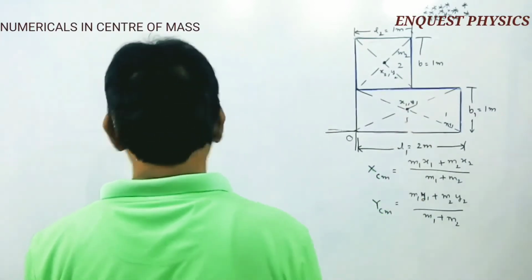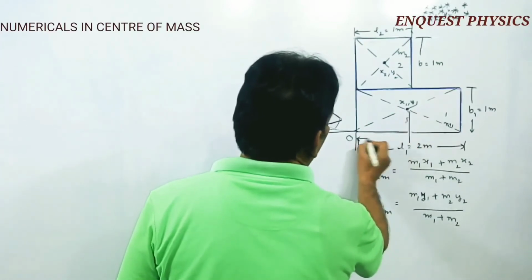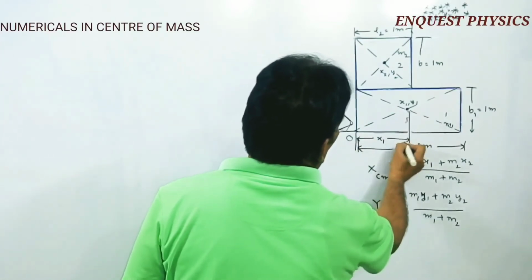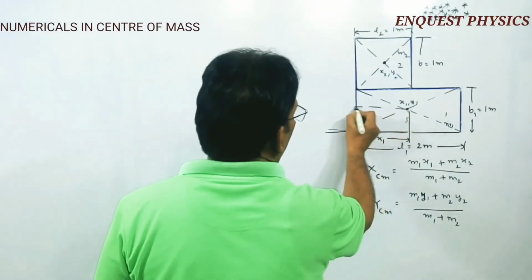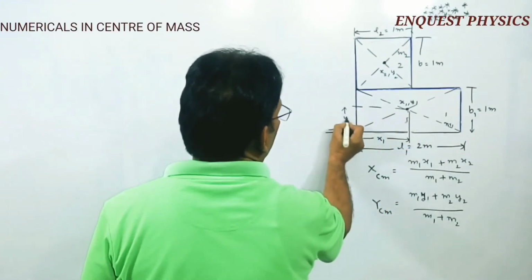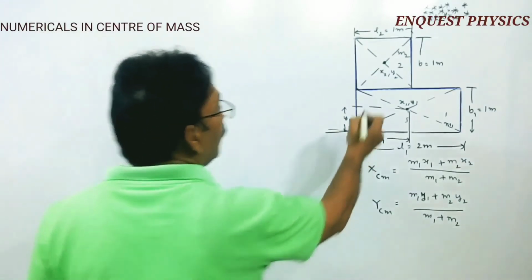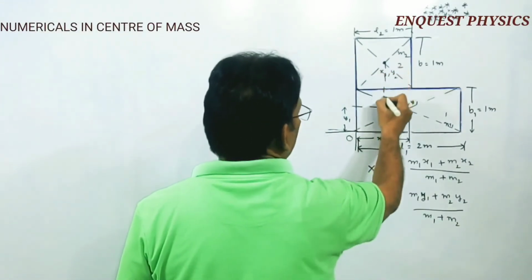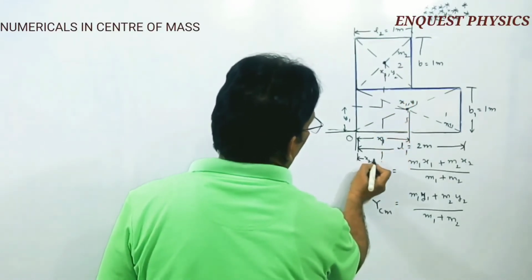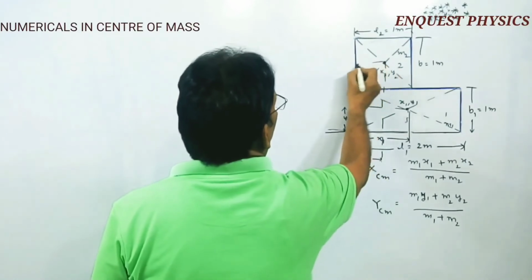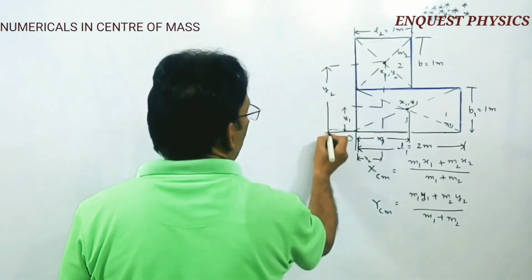Here this length is obviously x1 from the center, and here it is y1. Similarly, x2, see what I am doing. Here it is x2, and up to here it is y2.